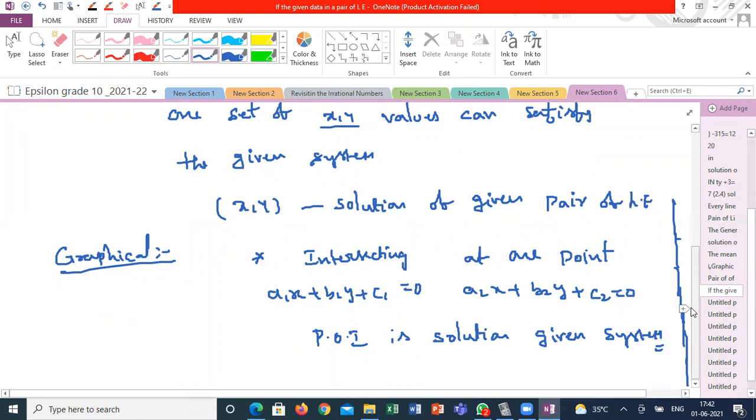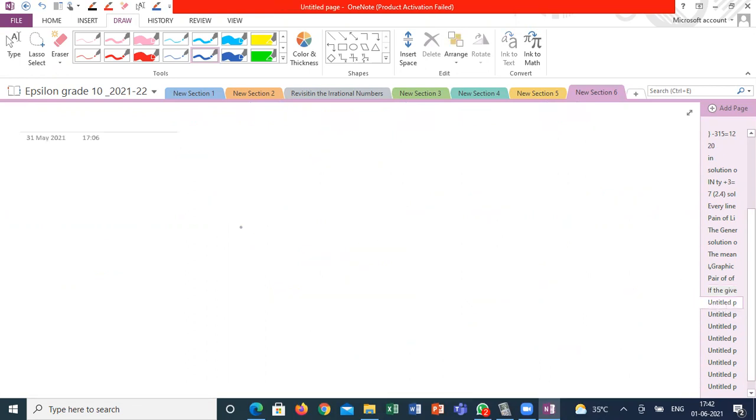Yes, sir. Sir, what are the remaining two cases? You said there are three possible ways I can draw two lines on a plain paper. One is both can intersect. In case 2, both are not intersecting.